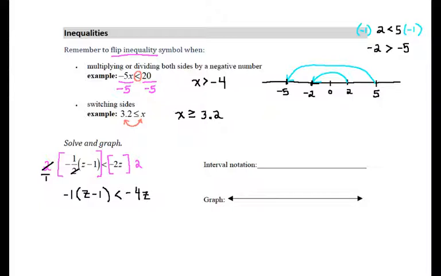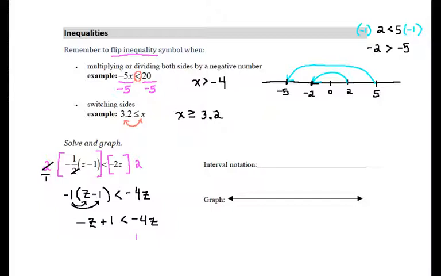Because I multiplied both sides by a positive number, I do not flip the inequality symbol in this step. I can distribute that -1 in to get minus z plus 1 is less than -4z. Now I want to get all the z variable terms on one side and the numbers on the other side, so I can go either direction.